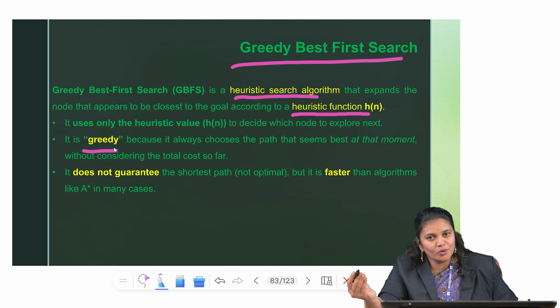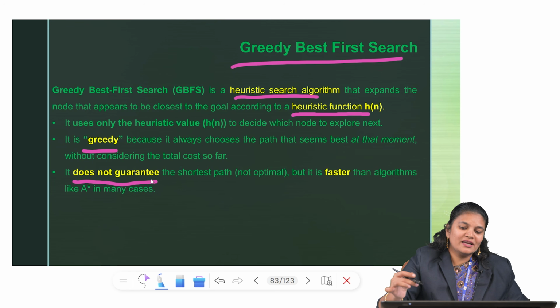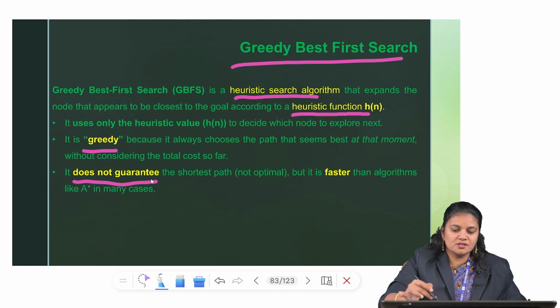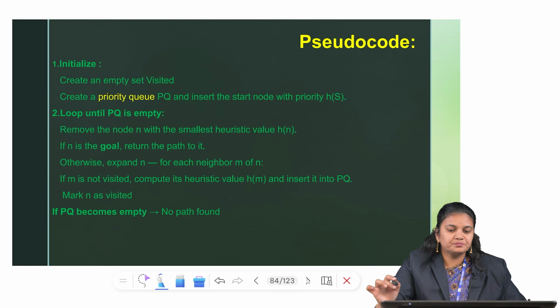It will go level by level in a greedy manner. So it is called greedy. And mostly it does not guarantee an optimal solution, but it is faster when compared to other heuristic search algorithms. It is faster than A-star algorithms.